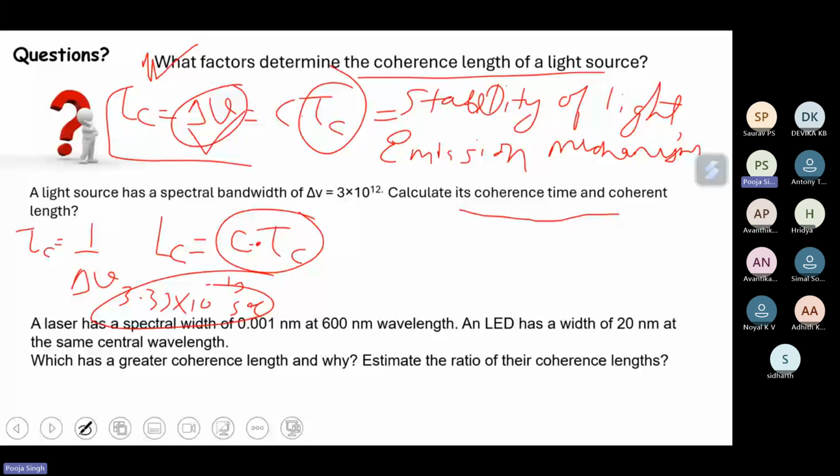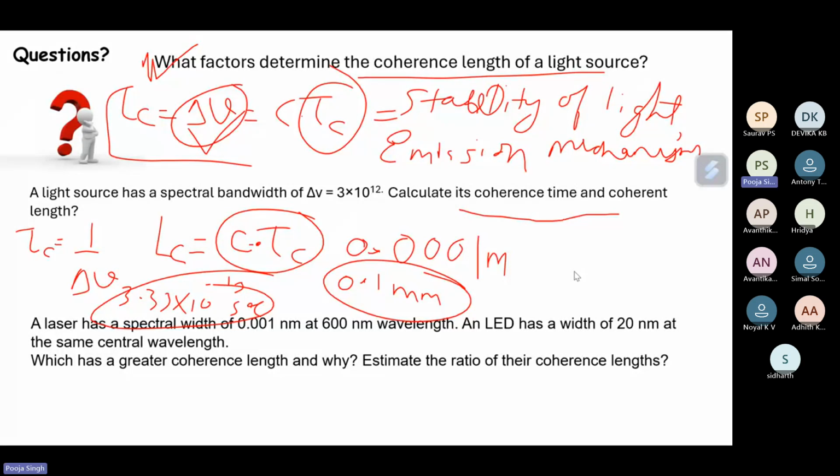Yeah, 0.001, 0.0001. It is in meter or what? Yeah, meter. Then meter it is fine. That means 0.1 millimeter, right? Yeah.